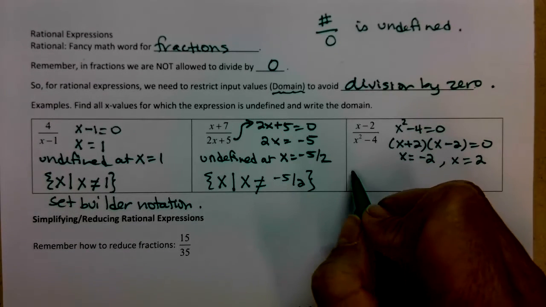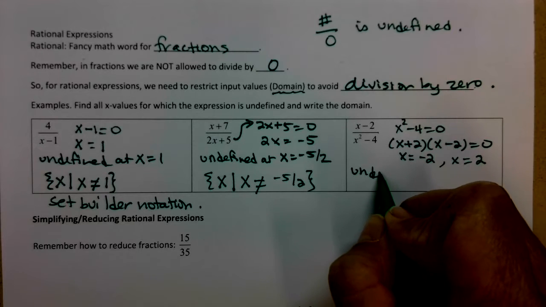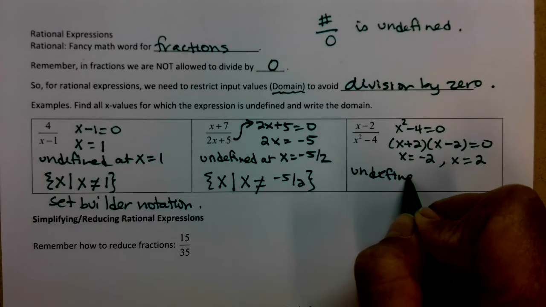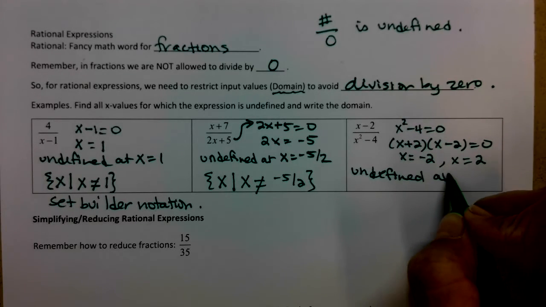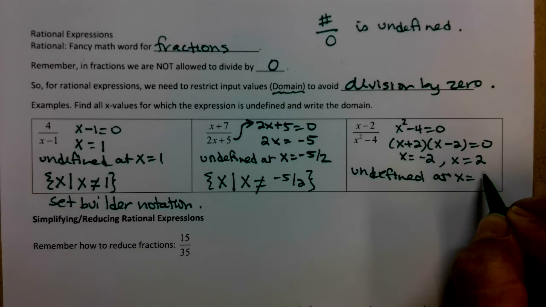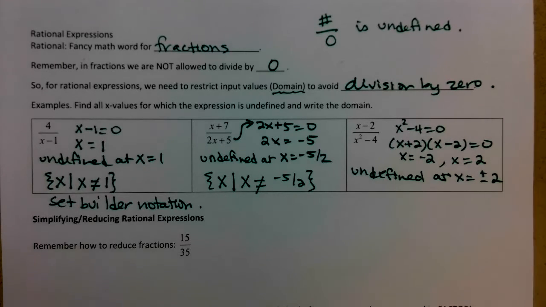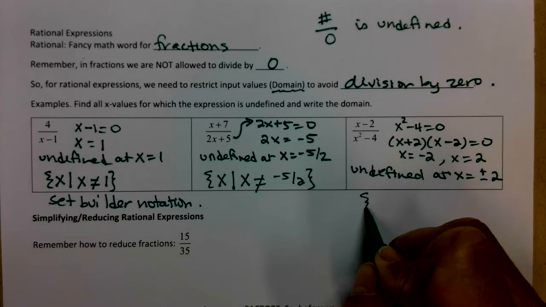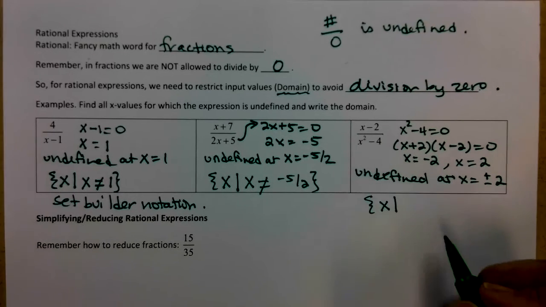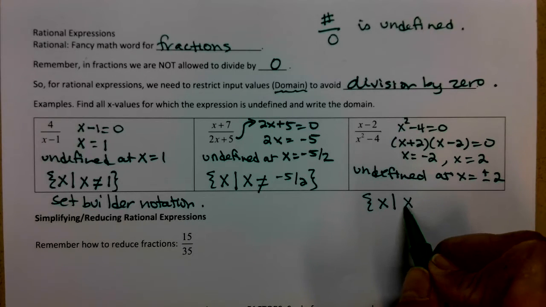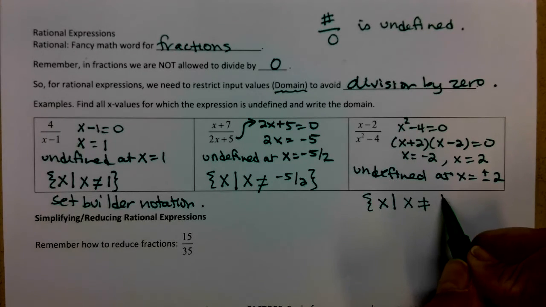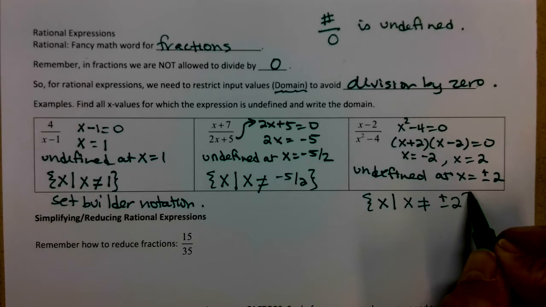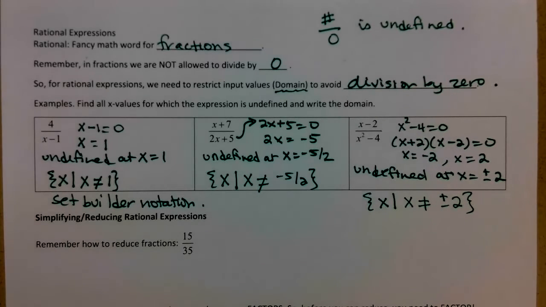So this expression is actually undefined for 2 values, undefined at x equals plus or minus 2. So then the domain, the set we can use, is the set of all other numbers such that x is not plus or minus 2. You can write them both out separately too, that doesn't matter.